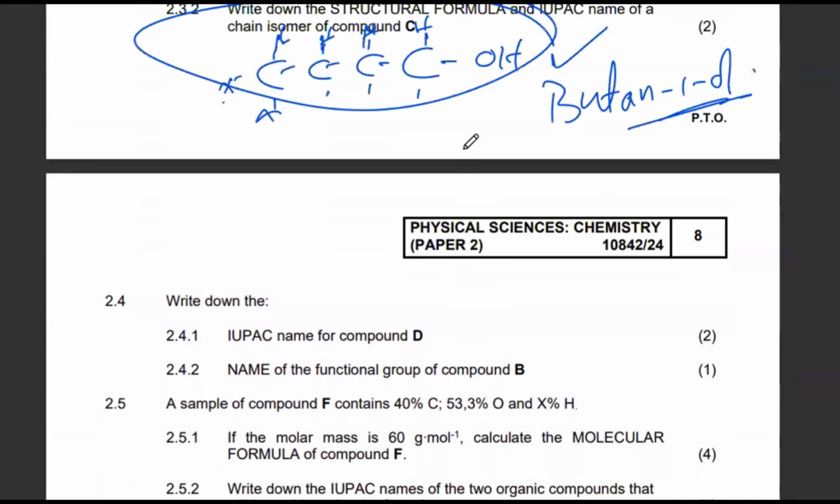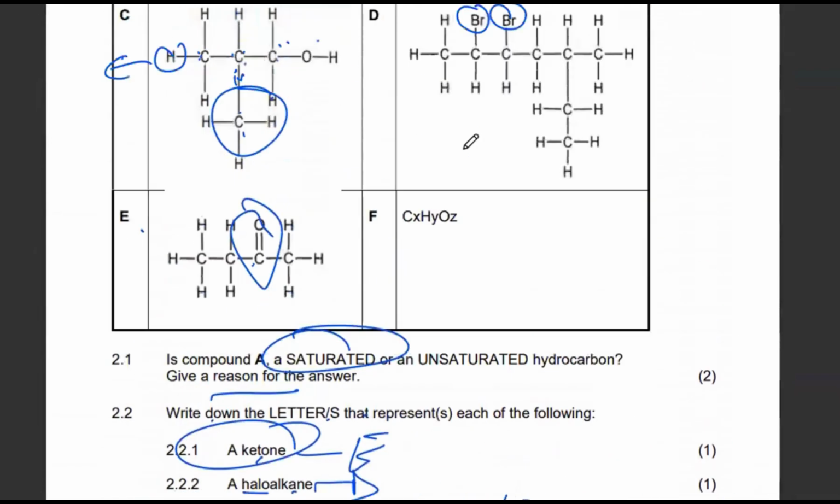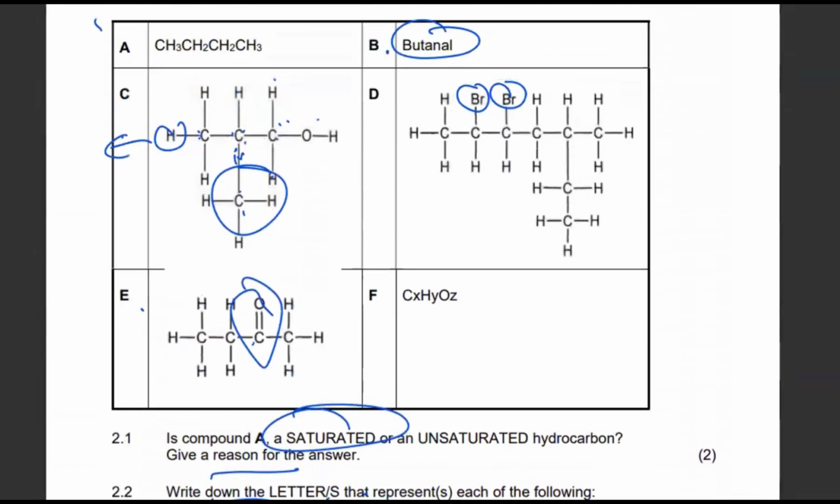IUPAC name of D. If you go to compound D, what we need to do is look for the longest chain. In this case, the longest chain is 1, 2, 3, 4, 5, 6, 7. So it is heptane. This is the side group, and then also those ones. I count 1, 2, 3, so it's on carbon atom number 3.